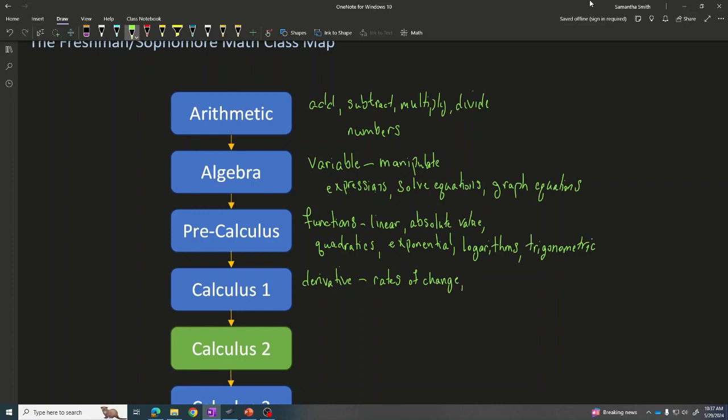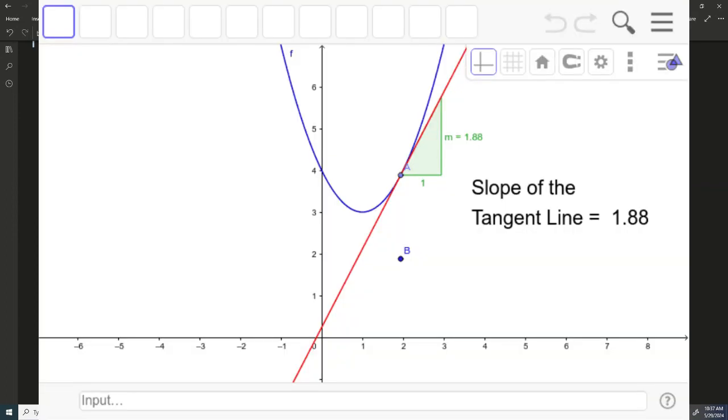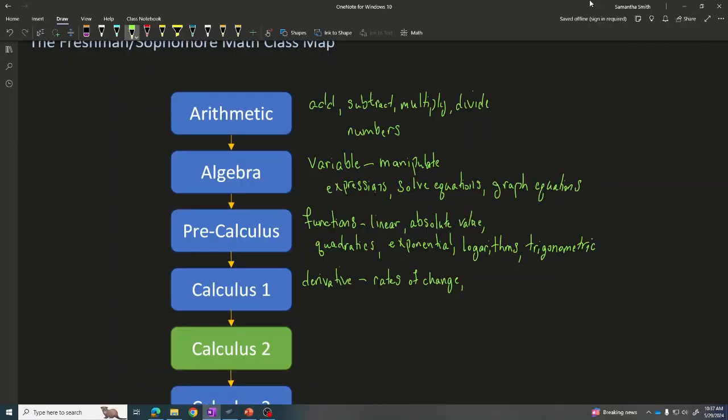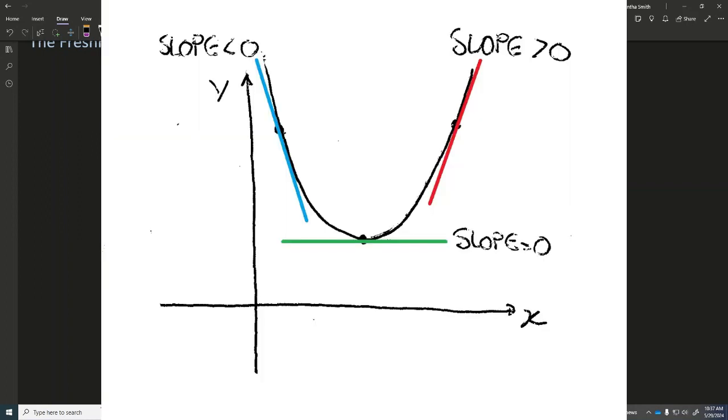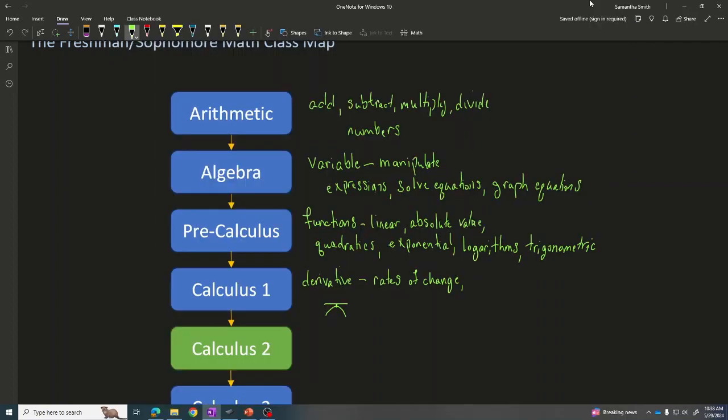Another really important application of the derivative is to what we call optimization. You may remember in Calculus 1 that the derivative of a function told you the slope of what we call the function's tangent line. And if the tangent line had a slope of 0, then that told you that the tangent line was horizontal, because a slope of 0 indicates a horizontal line.